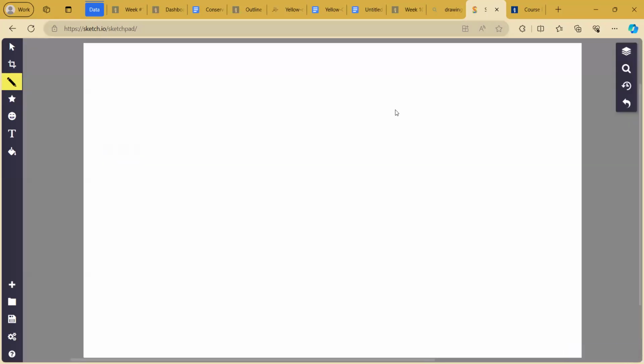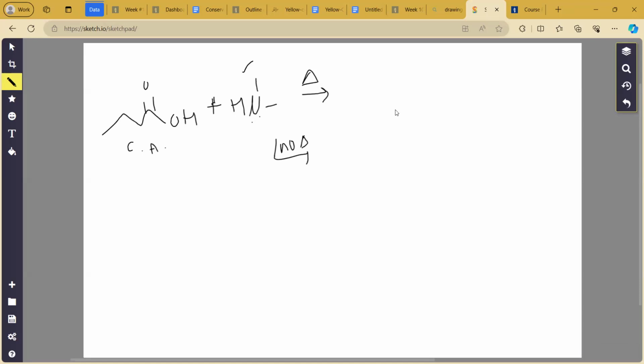All right. So we'll do one with a carboxylic acid. This is heat. Right. So this reaction right here, we have a carboxylic acid, and then we have an amine.